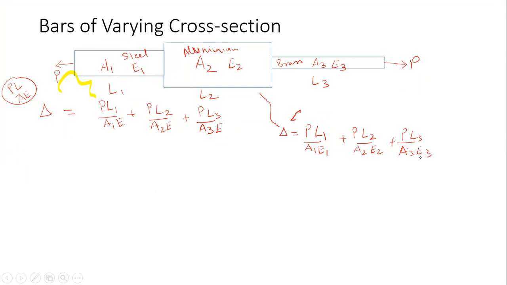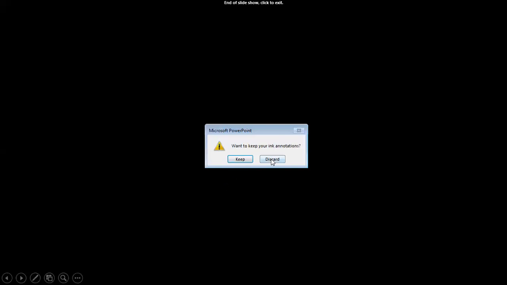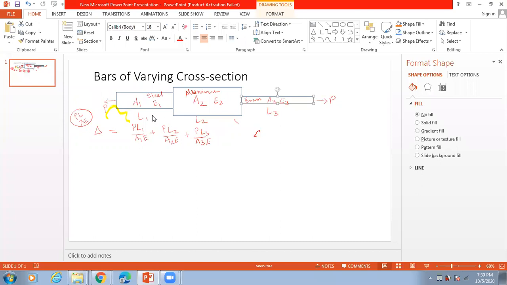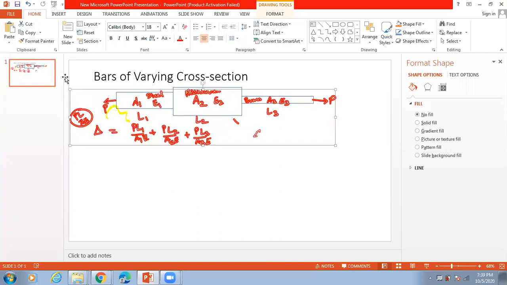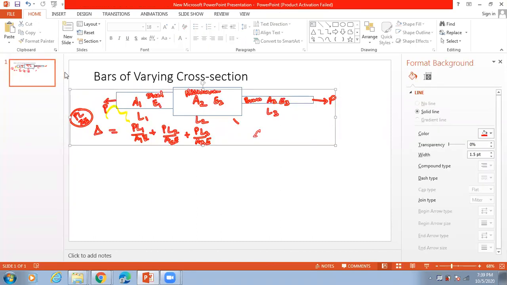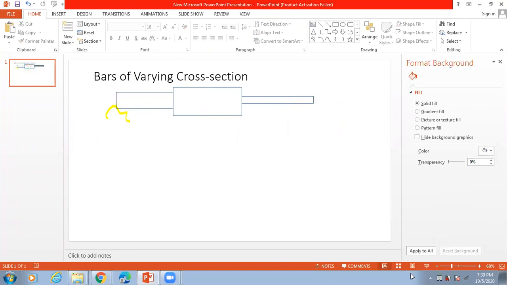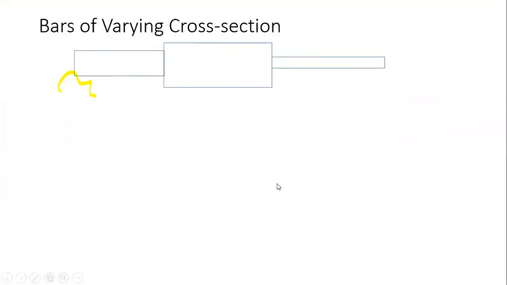So now let's just take a similar problem. A problem where an 8 kilonewton force is acting here.